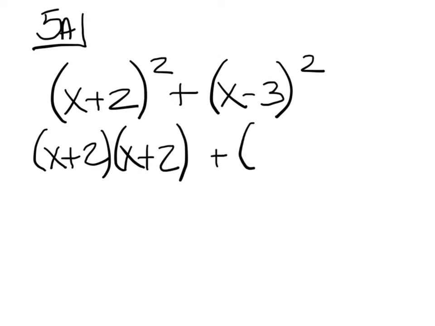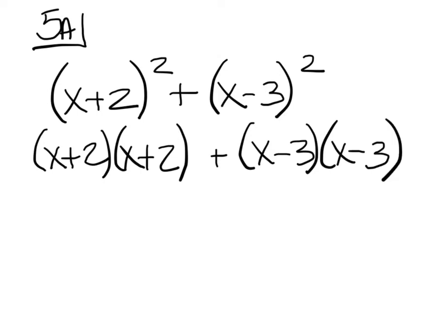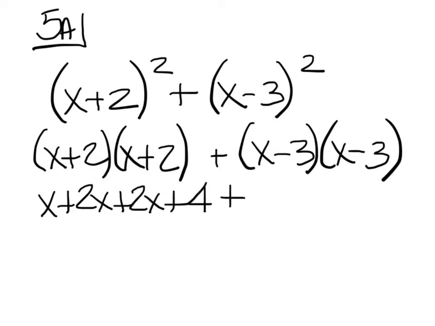Then add to that x minus 3, x minus 3. Multiply each one out first. If you multiply the first one on the left, you would end up with x squared plus 2x plus 2x plus 4. And then on the right side you would have x squared minus 3x minus 3x plus 9.